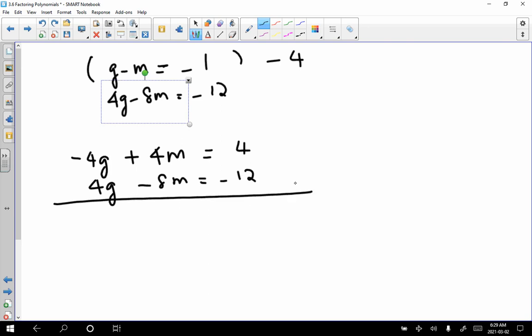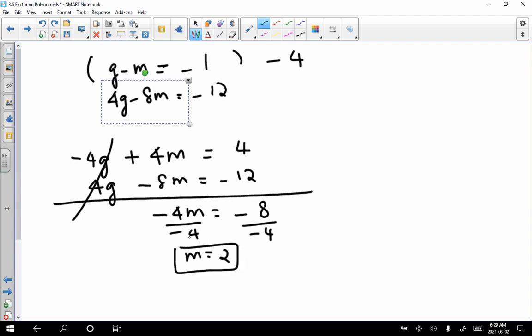I'm going to add these equations to eliminate that. Negative 4m equals negative 8. Okay, so divide both sides by negative 4. M equals 2.